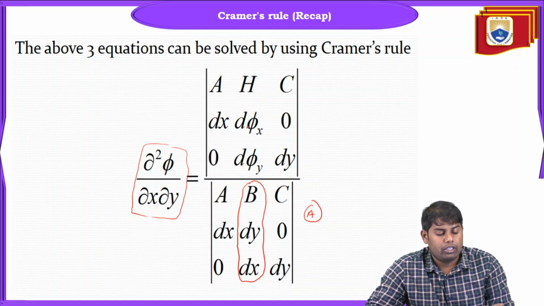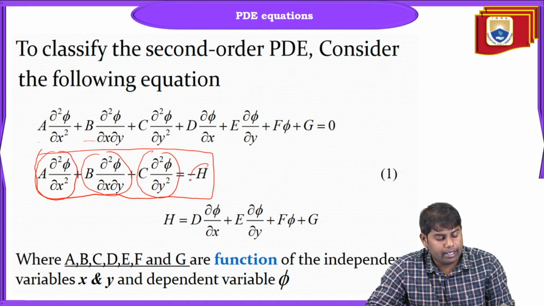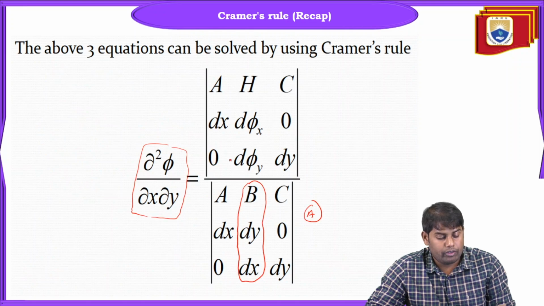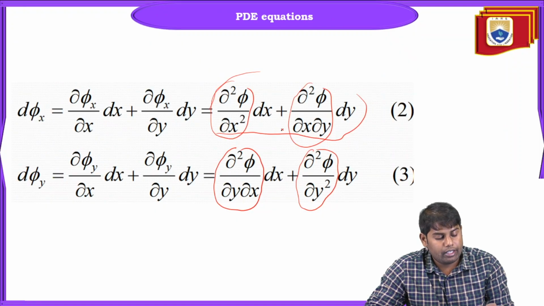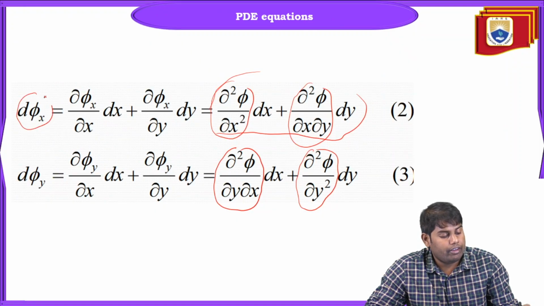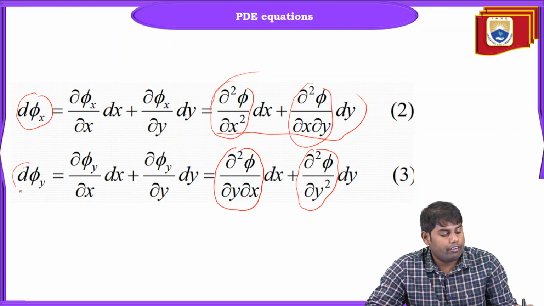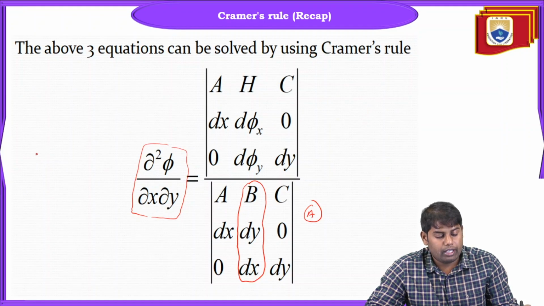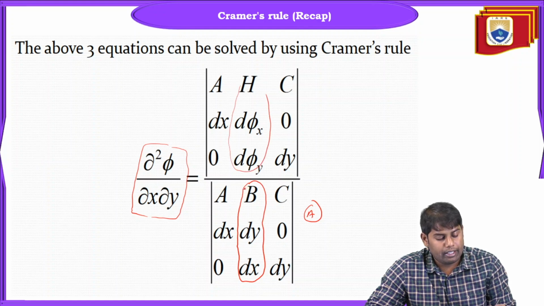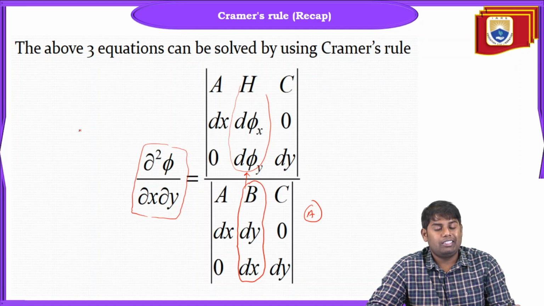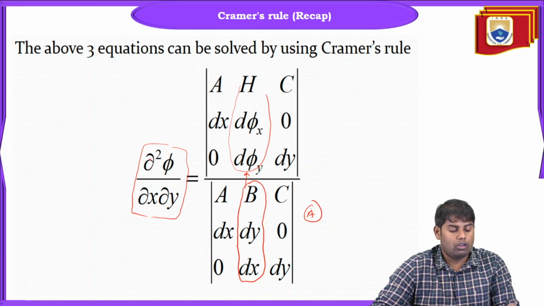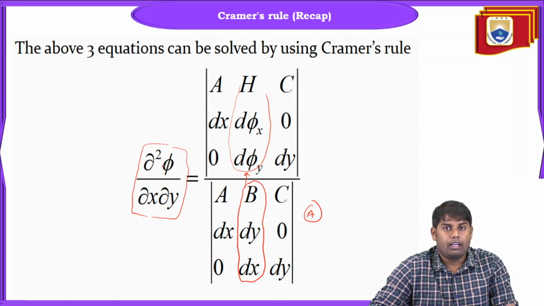We can see H, ∂φ/∂x, ∂φ/∂y. Here you can see H as a constant term, ∂φ/∂x is a constant term, and ∂φ/∂y is a constant term. That's why in the second column of the A matrix we have replaced these. This is the methodology to solve for the variables using Cramer's method.